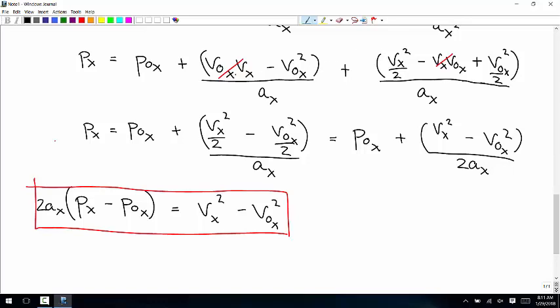So V0x squared over 2 minus 2V0x squared over 2. And so, any other homework questions? Okay.